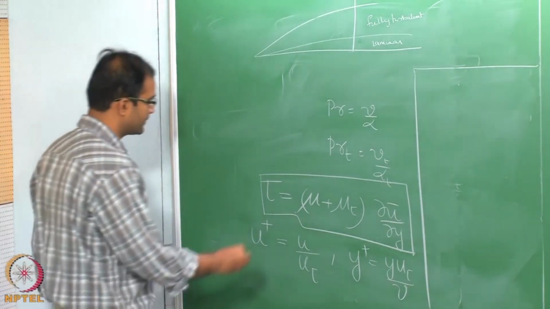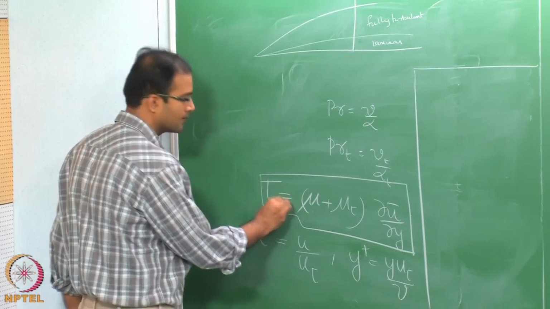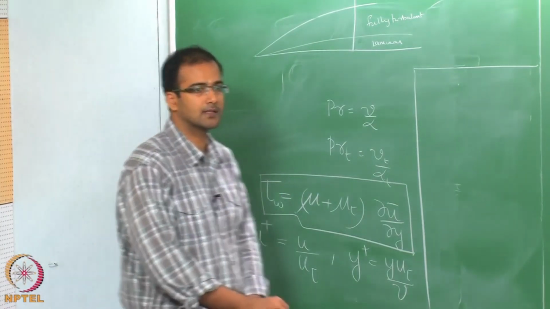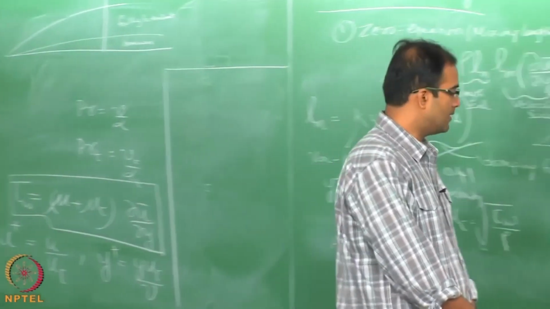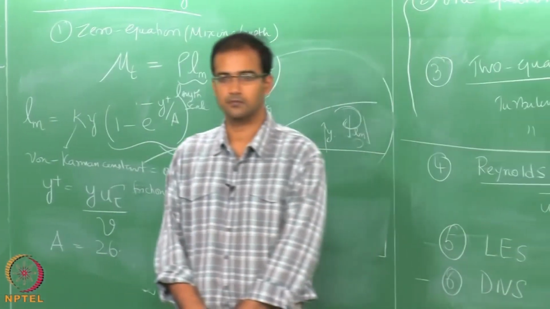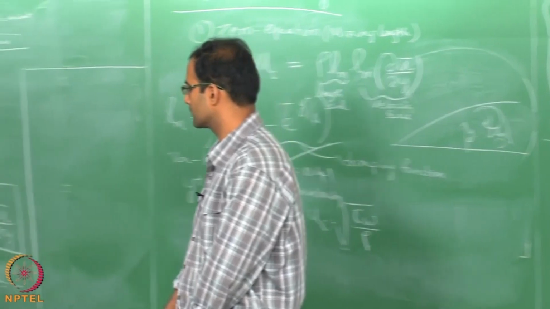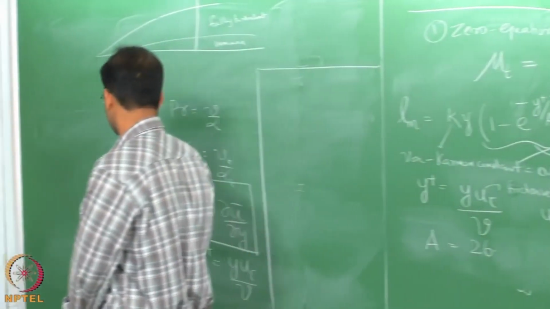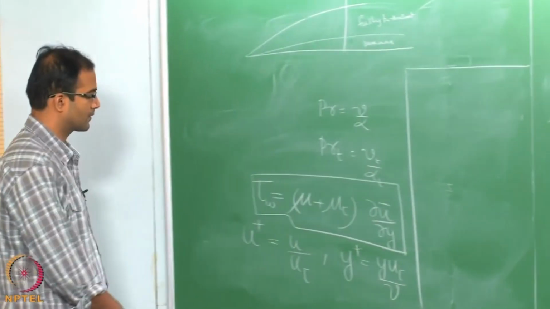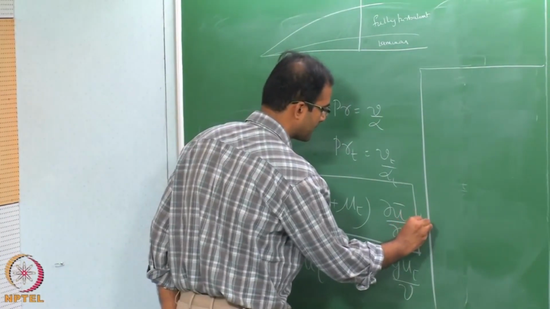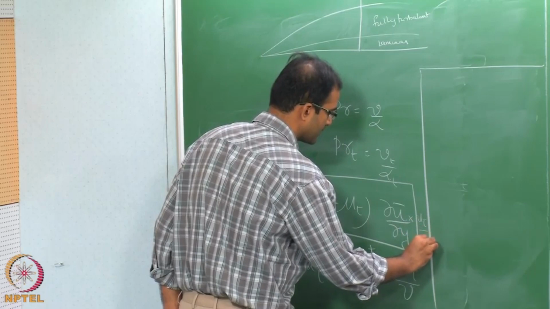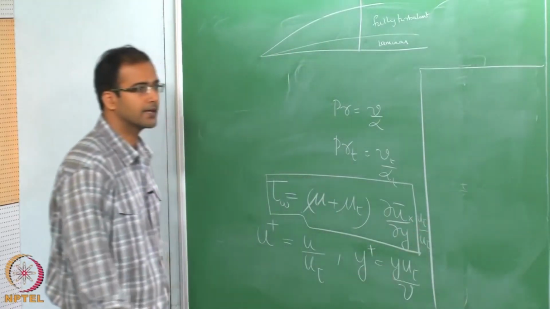See, at the wall this will be equal to the wall shear stress tau wall. So, one thing we can do is multiply and divide by u tau, right.